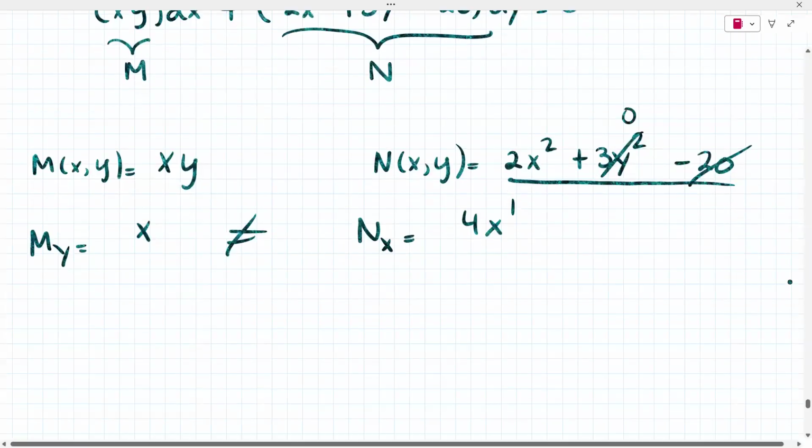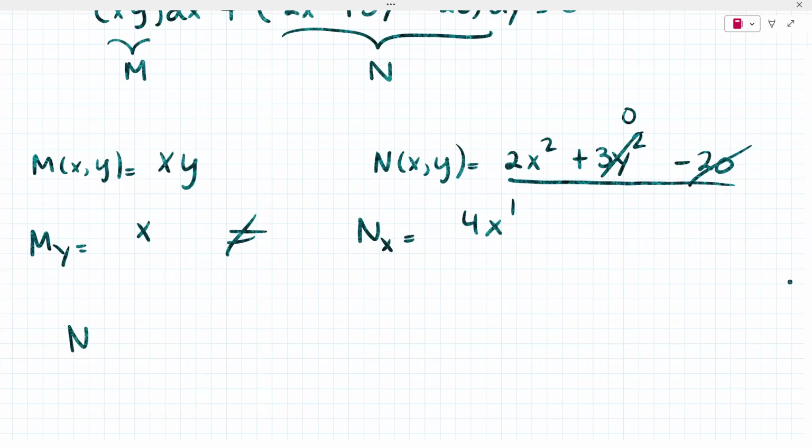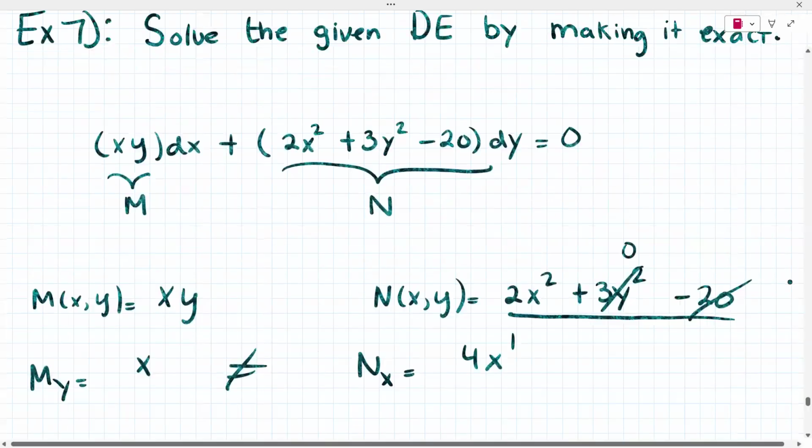So what you have to do is do N of x minus M of y, all over M. My N of x is 4x, minus my M of y, which is x, all over my M, which is xy.